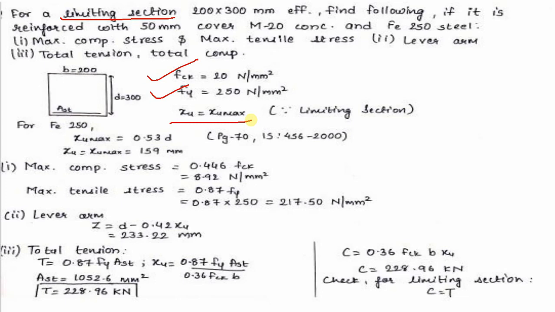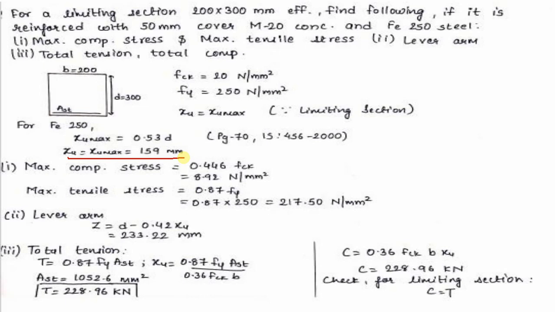Again moving on to page number 70 of your IS 456-2000, you will be getting this equation or the ratio XU max equal to 0.58 D. In the previous sum, the steel grade was given as 415, so the ratio was XU max equal to 0.48 D. But in this sum, the grade of steel is given as Fe250 steel, so the ratio now becomes XU max equal to 0.58 D. Now equating this, we will get an answer XU equal to XU max equal to 159 mm.